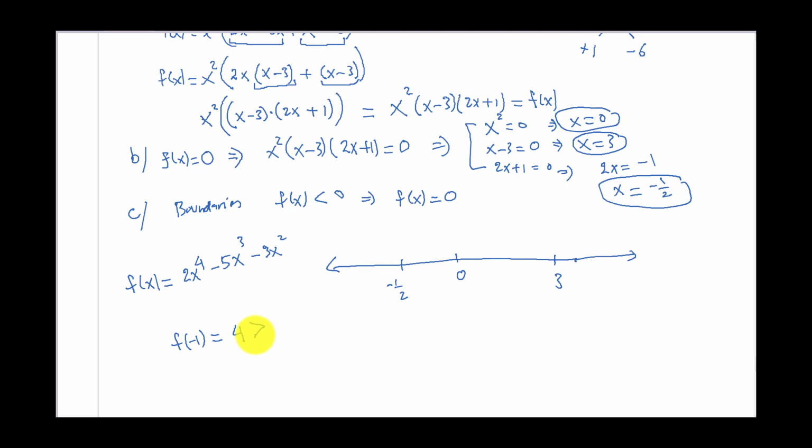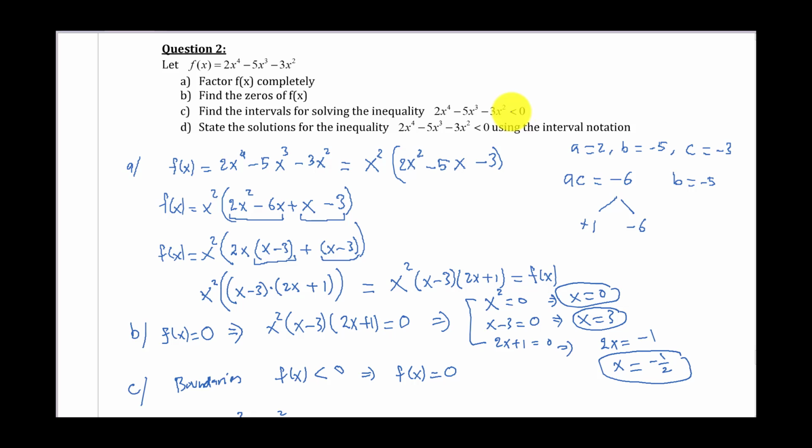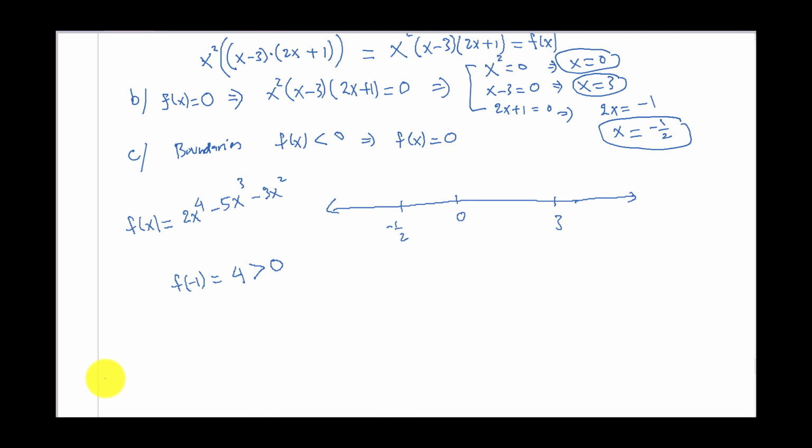And 4 is bigger than 0, but we want something that is less than 0 for part C. Here it is bigger than 0, so this region is not the answer, and we cross it out.